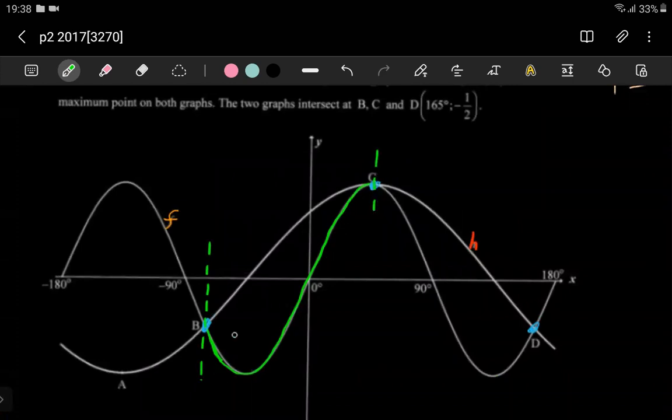But if we carry on, it looks as though this portion also qualifies, because the y values of f are still below the graph of h. They're down here, down here, everywhere, all the way from this x value up until this x value. This is the portion that is answering the question they're asking us.